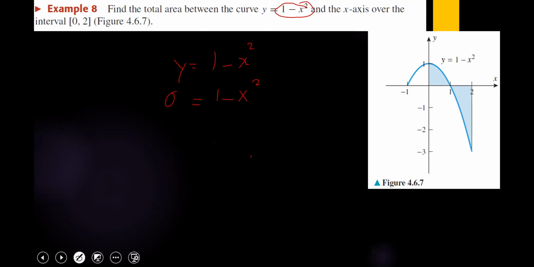When you factorize it, we have 1 minus x times 1 plus x. So x could be -1 and it could be 1. That means the function changed at point -1 and at point 1. But point -1 is not important to me. I need only point 1. So that's why I changed the function at point 1 and said it is from 0 to 1 and from 1 to 2.